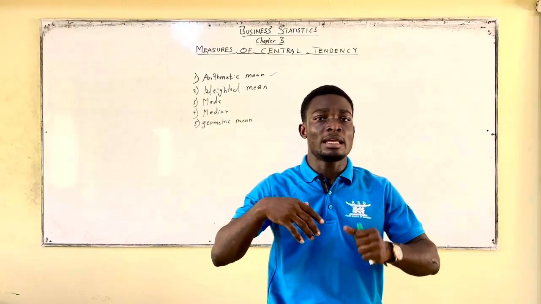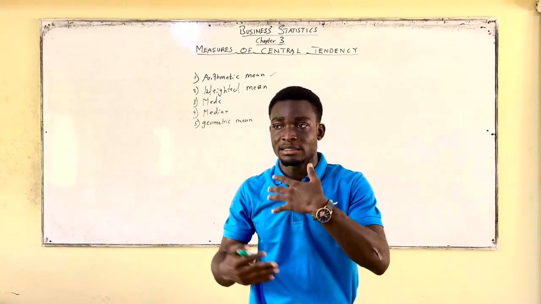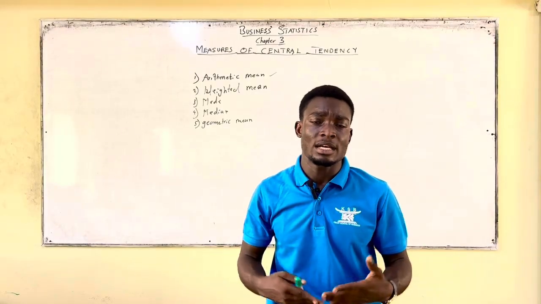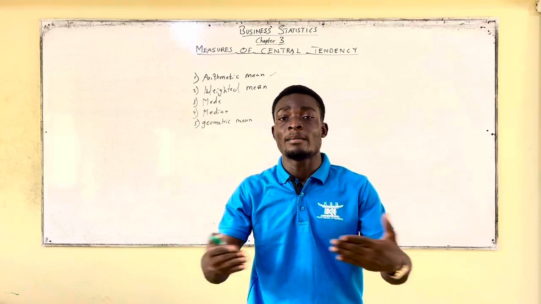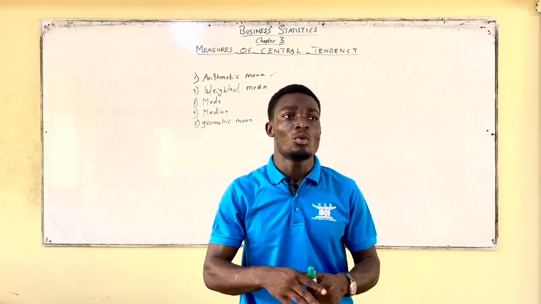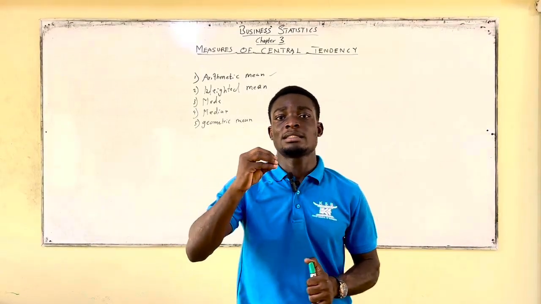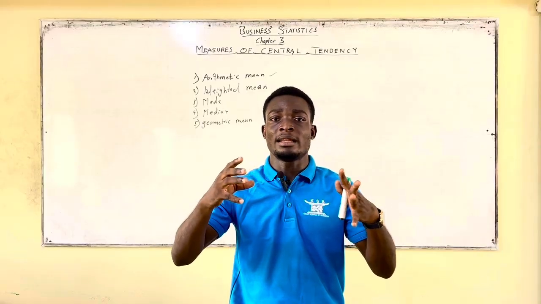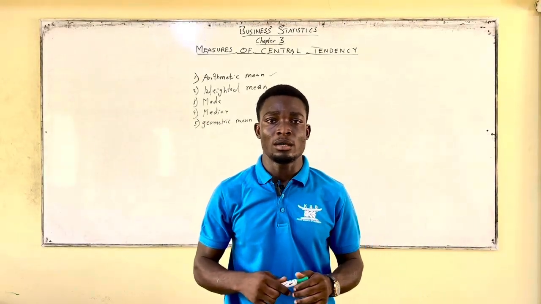Let's say I enter a class of 20 people and they have their ages. If I want to find the average age of the class, I have to add all their ages and then divide by the total number. So arithmetic mean here is just the average of the values in question.